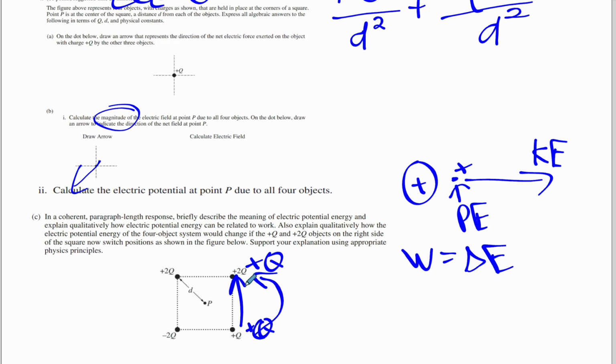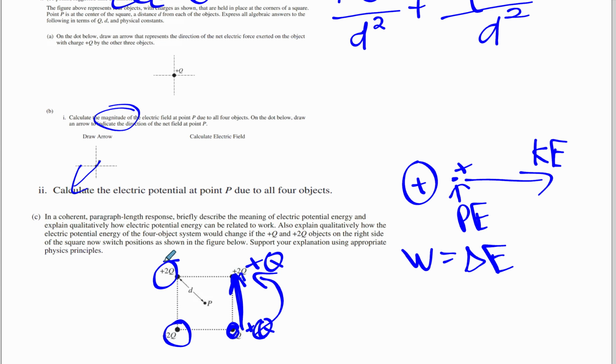So I want to think about what's happening on the left, relating to the left. We have a plus Q charge that's moving from the bottom to the top. Now, when it's on the bottom, the plus Q charge is near the negative Q charge. Obviously, positive charges are attracted, so it kind of likes being in this spot. When it's on the top, it's near the positive charge, which is where it doesn't want to be.